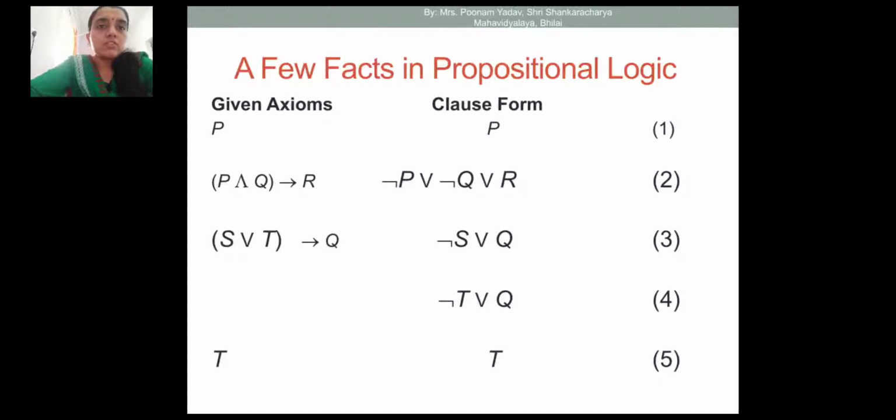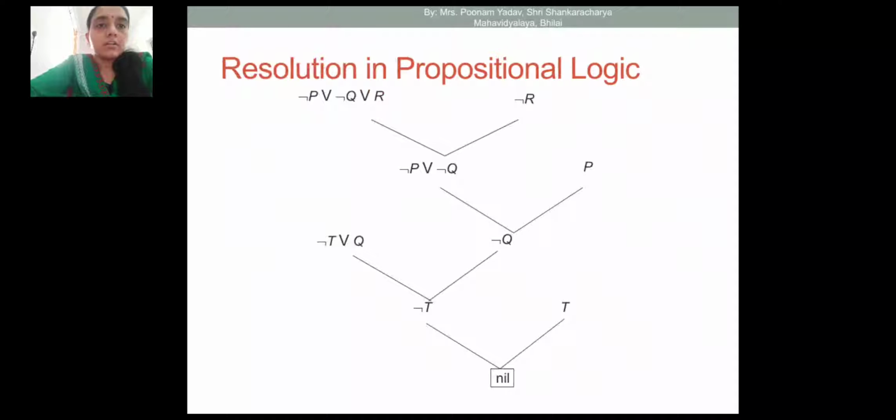Then this clause form. Suppose an axiom is given, in this way we will perform the clause form after removing the implication sign, and in this way resolution will perform.